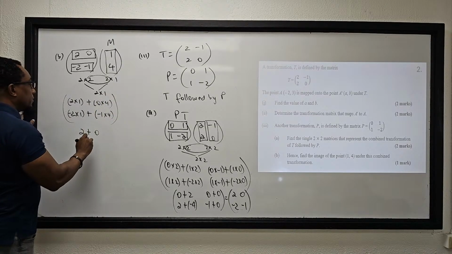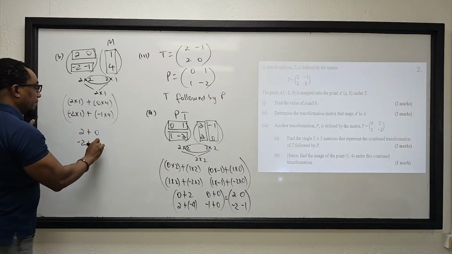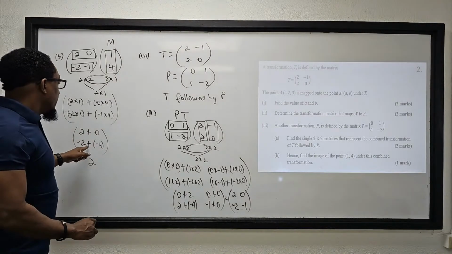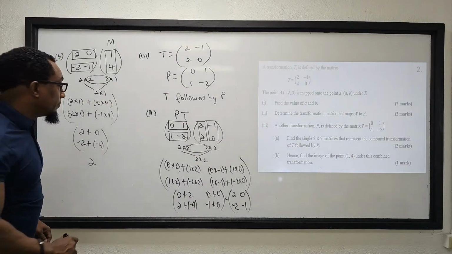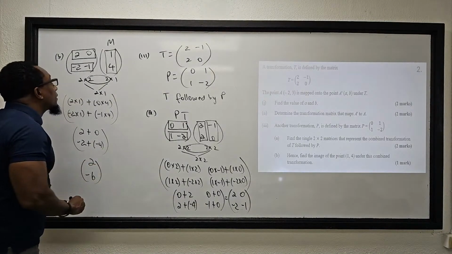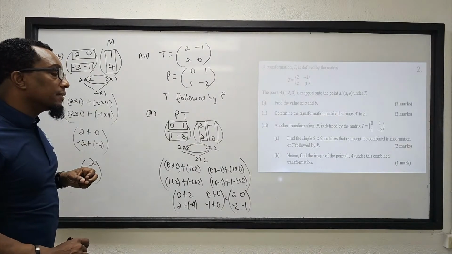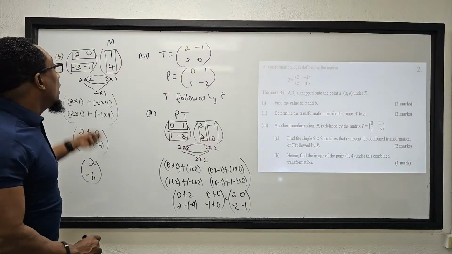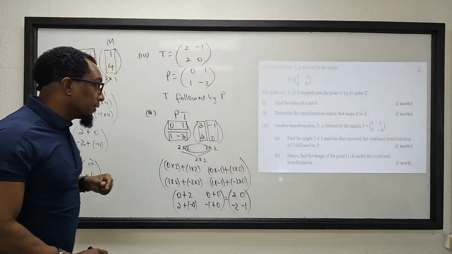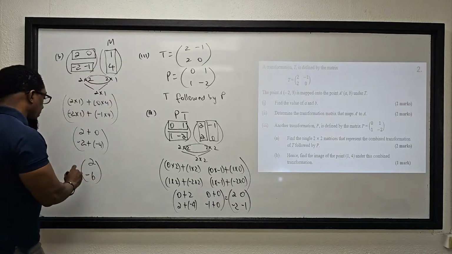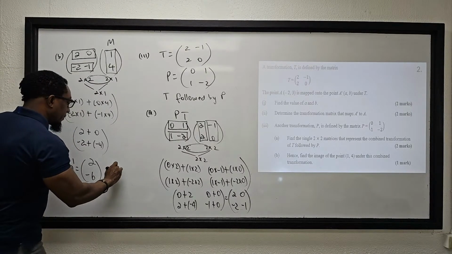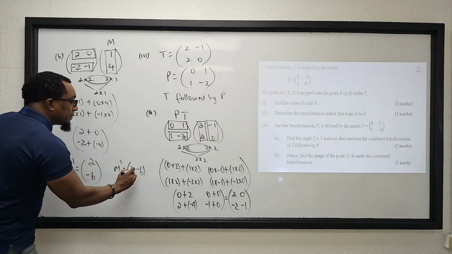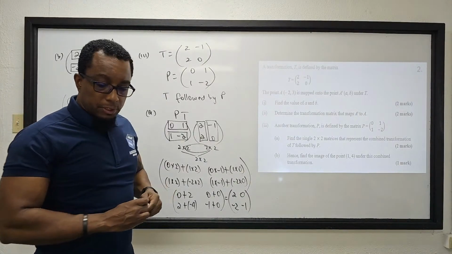So we get 2 plus 0, negative 2 plus negative 4. 2 plus 0 is 2, and negative 2 subtract 4 gives negative 6. So the image of the point 1, 4 under that combined transformation is 2, negative 6. The answer M prime equals 2, negative 6, and we can write it back in row form. Alright, so that's question 2.